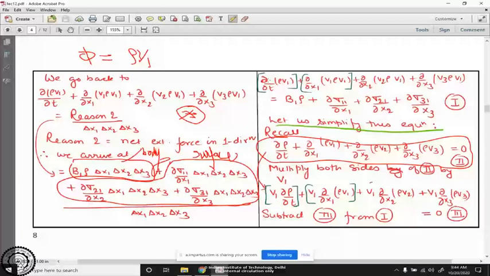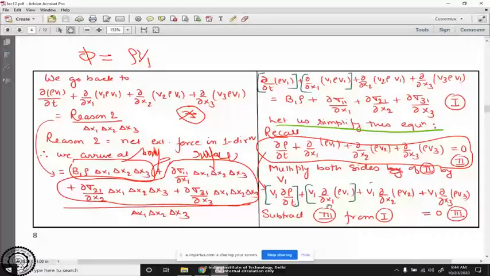What simplification can we make? You see here we have partial of time acting on the product of rho v1, and here I have v1 multiplying the partial of density. So if you subtract 3 from 1, we will be left with rho coming out of the partial derivative, and then partial of v1 with time, right?